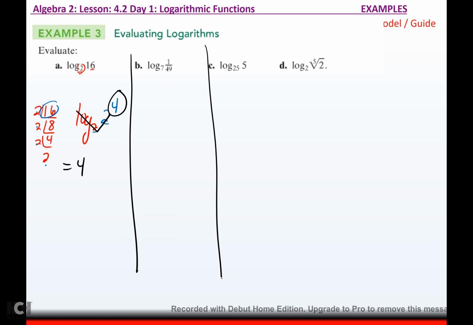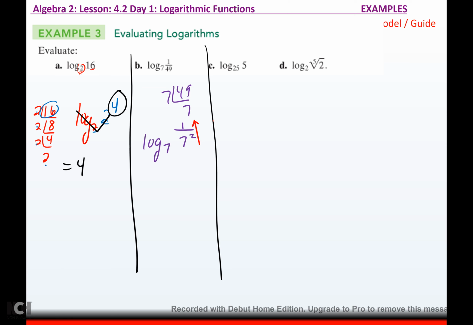So again, in the middle, my trick would be, since my base is 7, I want to rewrite 49 with 7s. If I break down 49 by 7, I get 7, 7. So I can rewrite 49 as 7 squared. Now the trick is, you can't have them in the denominator. They've got to be out of the denominator. So get out of the denominator.